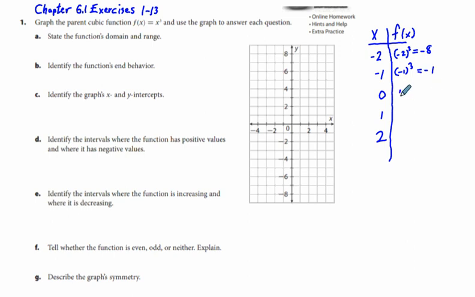For input of 0, 0 cubed, well, that's obvious. We have 0 cubed is 0. 1 cubed is 1. And lastly, 2 cubed is equal to 8.